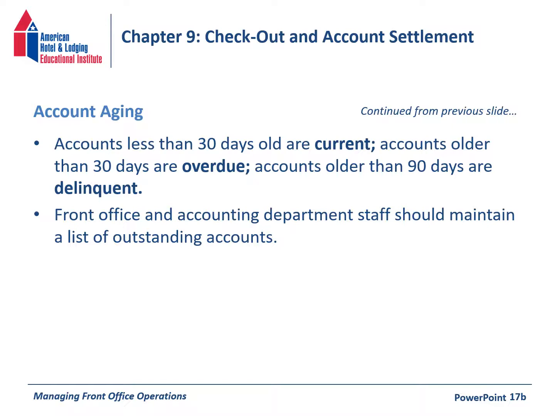This is all part of the process of maintaining our accounting for the hotel. This also goes into the history of that account. So let's say we have a group that's in-house and they are consistently late.